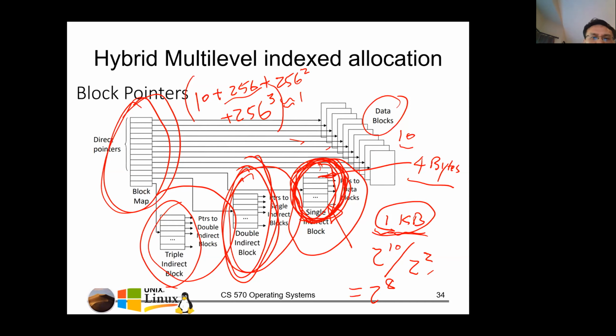Okay, so you need to use this number times 1 KB, since each block is 1 KB. And then that would give you 16 gigabytes.